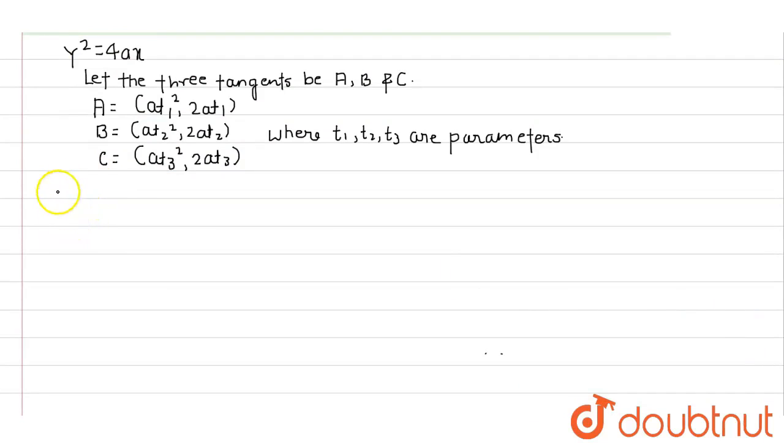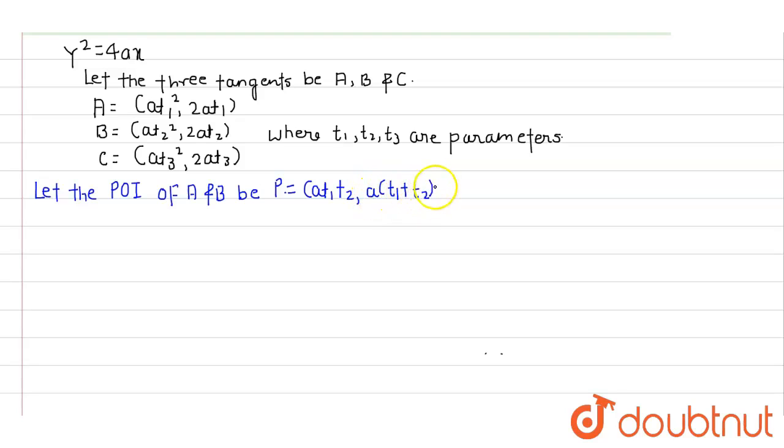First let us find the point of intersection of A and B. Let P be the point of intersection of A and B. Then P is given by, solving these two, (a t1 t2, a(t1 + t2)).